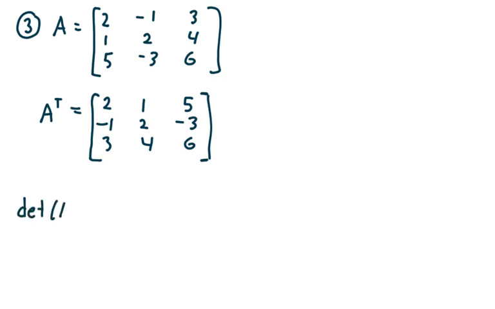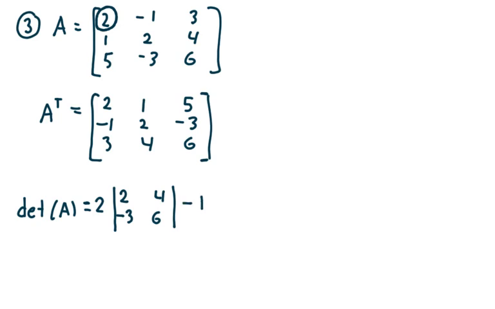So if I want the determinant of A, we can expand about the first column of A. If I look at the entry 2, I'm going to delete the row and the column that contains the 2 and then multiply by the determinant of 2, 4, -3, 6.